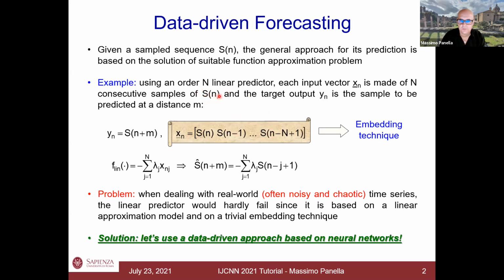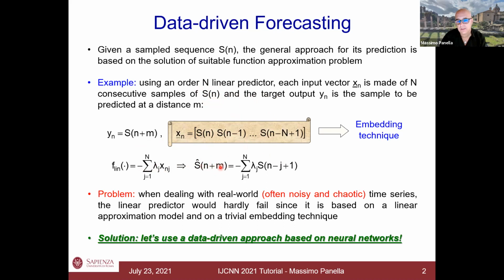The problem is to forecast future values, one or more future values of the time series, based on the knowledge of past samples of the time series. So in general, with the linear predictor, what you are doing is to estimate the new sample at the distance m.